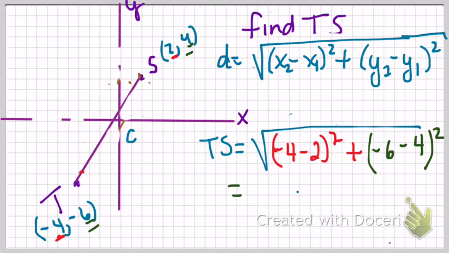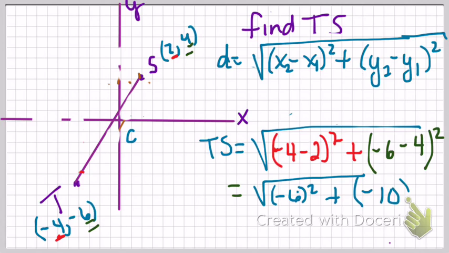Now something hopefully interesting is going to happen here for us. Negative 6 squared. Negative 6 times negative 6 is a positive 36.